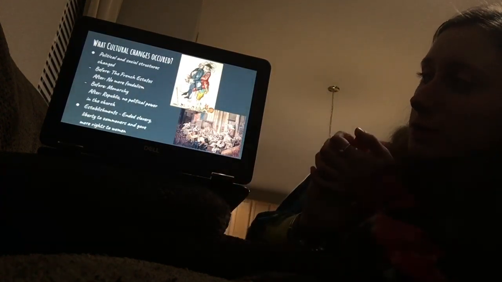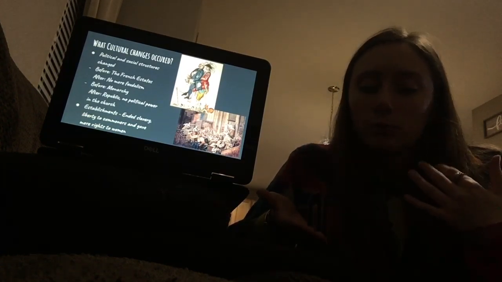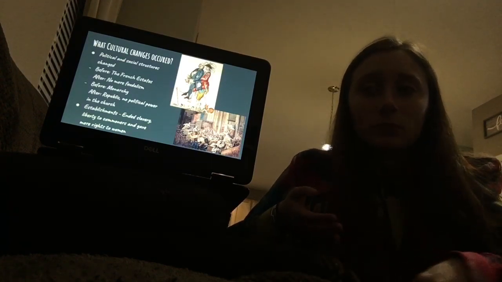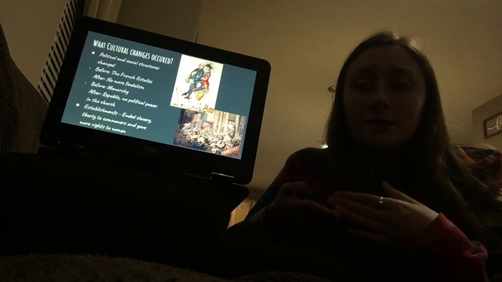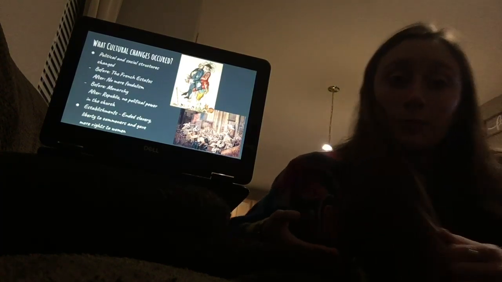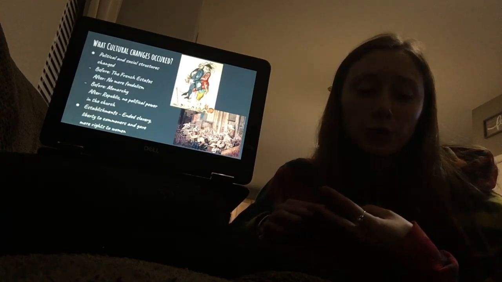So what cultural changes occurred? Like I said, political and social changes occurred a lot during the French Revolution. There were different establishments and constitutions made. There was feudalism. It was called the French estates. They were broken into three social groups.